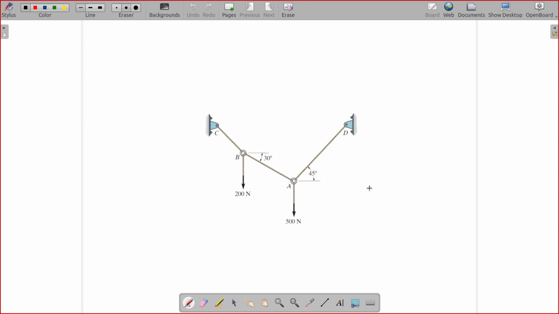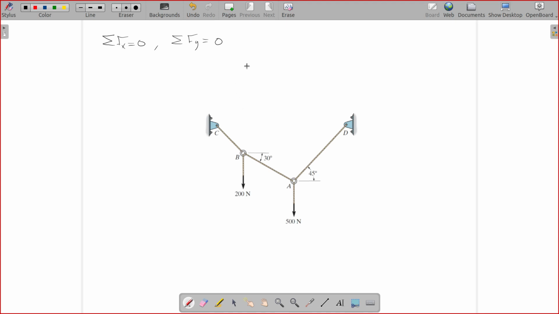But the only difference here is that you need to be careful while selecting the first set of equations you are going to write down to solve the system. So when you write down the equilibrium equations, you have two of them, for a given 2D system.